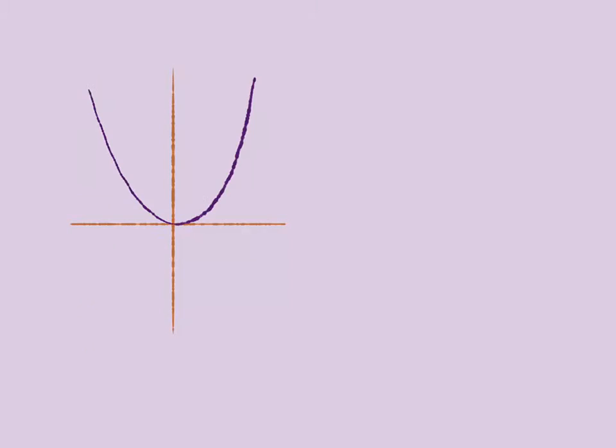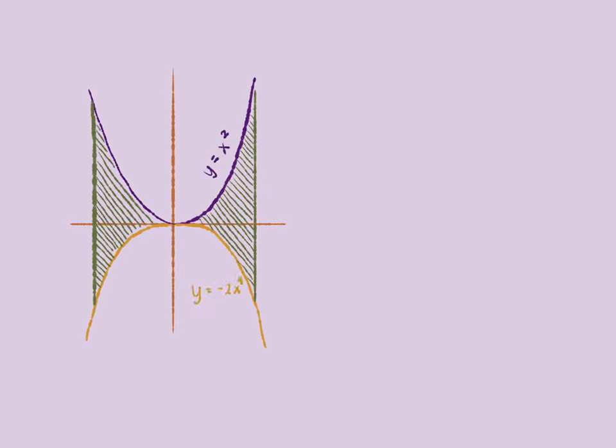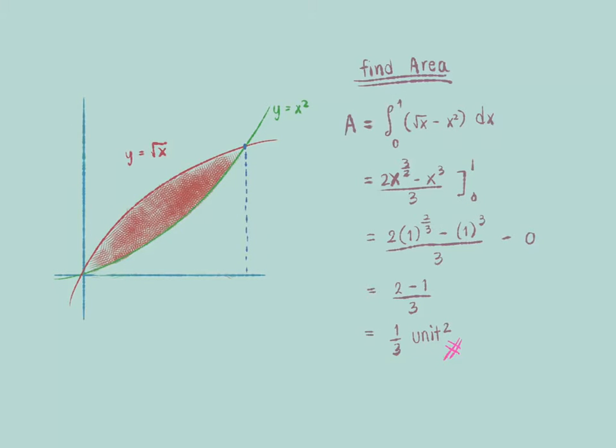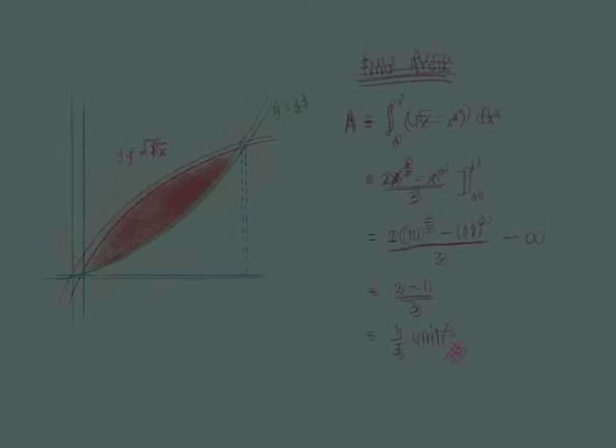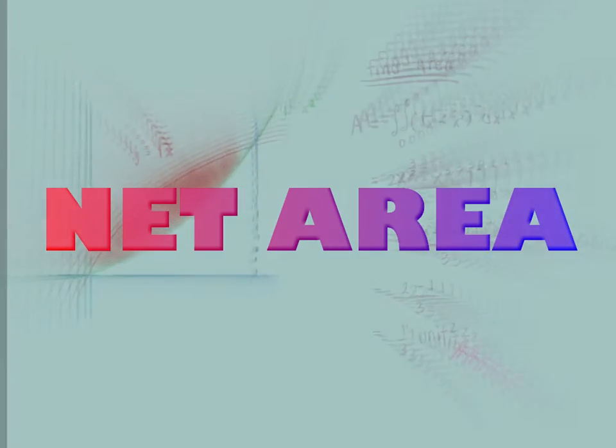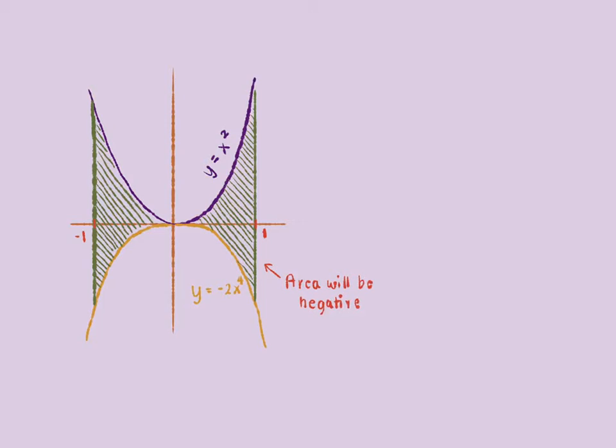We need to calculate the area above and below the x-axis separately, because if you calculate like you would normally do, by using the top function subtracted by the bottom one, it will give you the net area, because the area below the x-axis is negative.